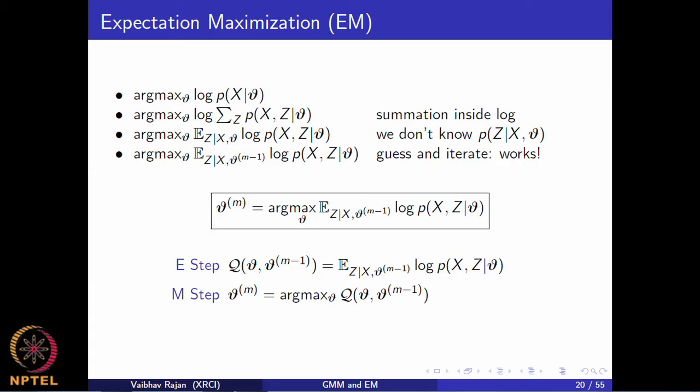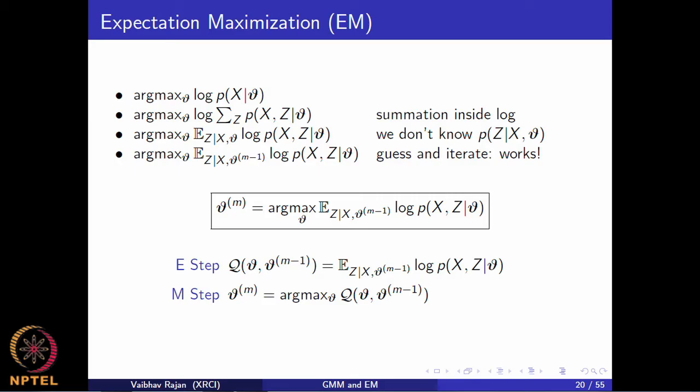So we take the guess that we had in the previous round. We compute the expectation of the complete data likelihood under the distribution of z given the current guess of the parameters, and this works. We will see why it works, but this works.